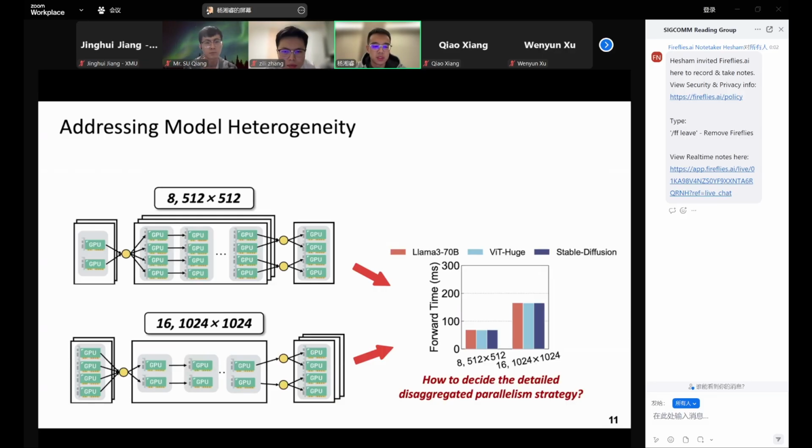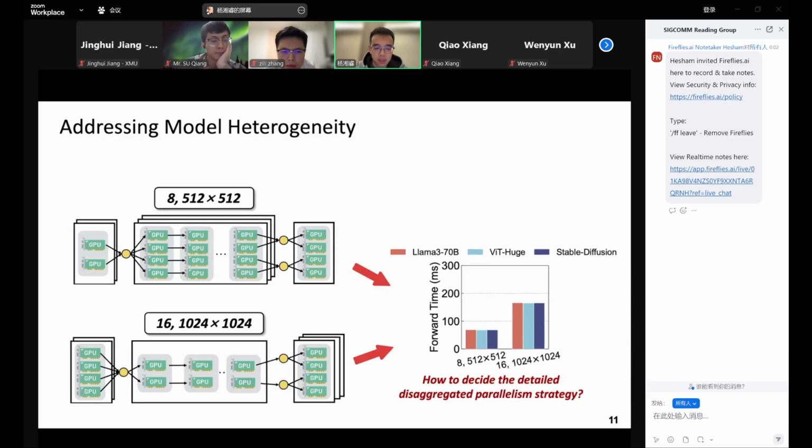To address this, the solution is disaggregated orchestration, which is designed to dynamically balance the computational loads. As you can see on this slide, DistTrain treats each module as an independent unit and assigns a customized parallelism strategy. In the top scenario, where the model is processing smaller images, we know the Llama backbone is the bottleneck. Therefore, DistTrain allocates more GPUs to the LLM, speeding up its computation.